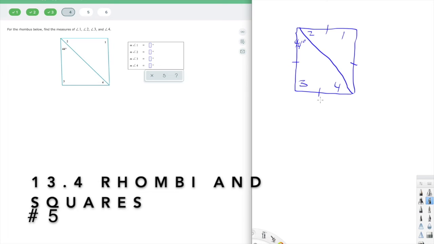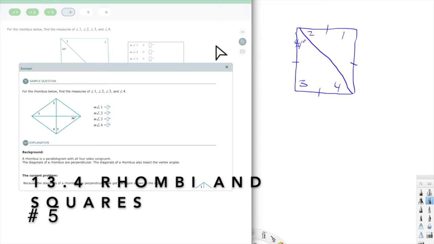All right, so with this one, for this piece, let's see, we're going to go down and we're going to fill this piece in. So the other bit for a rhombus, which I'm going to go ahead and click on the example because it does tell us this in the example. The background here is it's a parallelogram of 4 congruent sides.